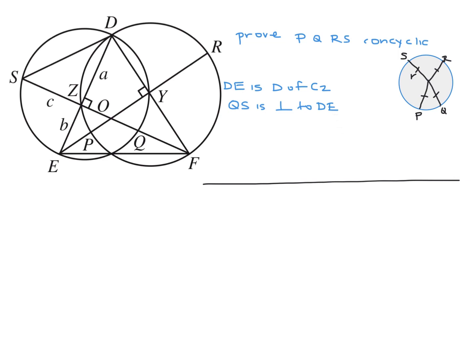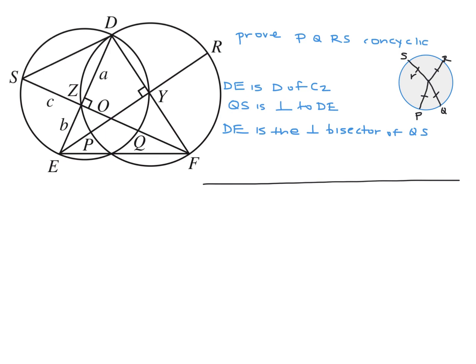And therefore, we can conclude that DE is the perpendicular bisector of QS. Because DE is the diameter, any line that is perpendicular to it will basically get cut in half by DE.